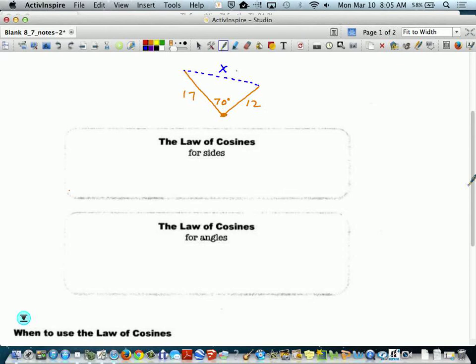On here it says the law of cosines for sides and law of cosines for angles. There's really only one law of cosines. And so let's just write it this way.